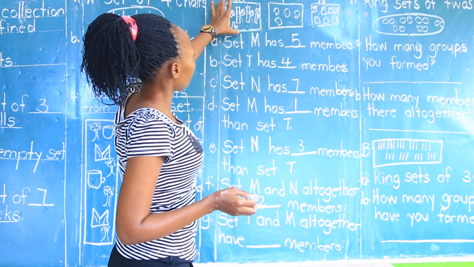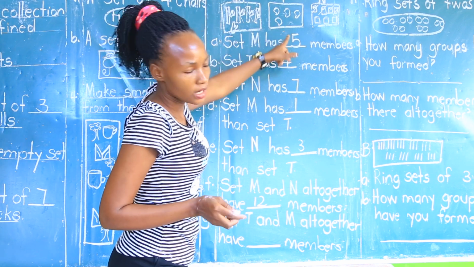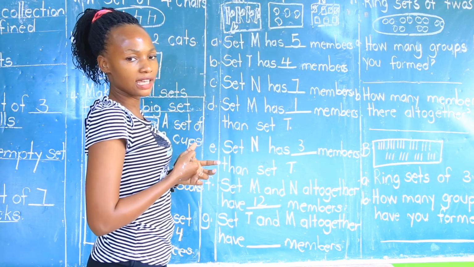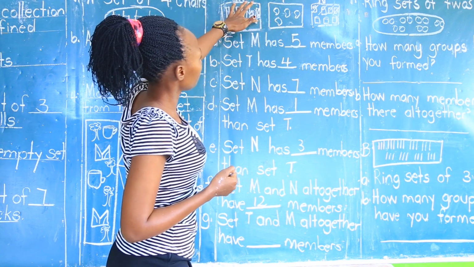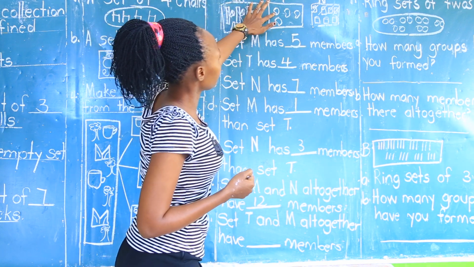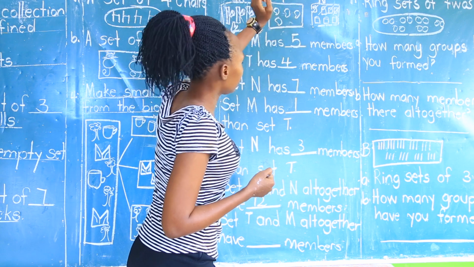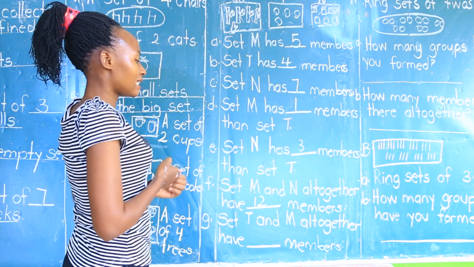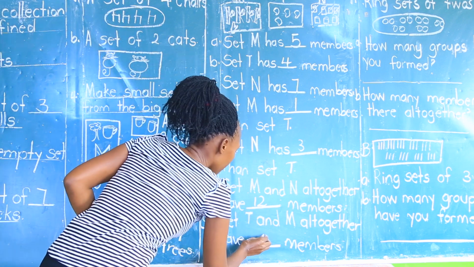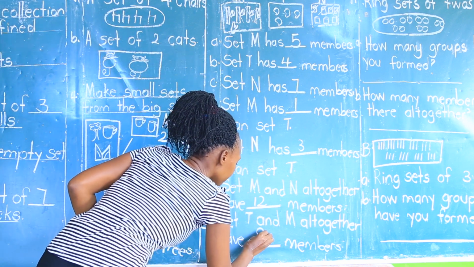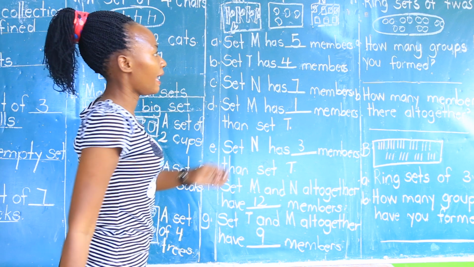Here we have 5 and here we have 4. Now we are going to join them. 1, 2, 3, 4, 5, 6, 7, 8, 9. Now set T and M all together have 9 members. That's our answer.